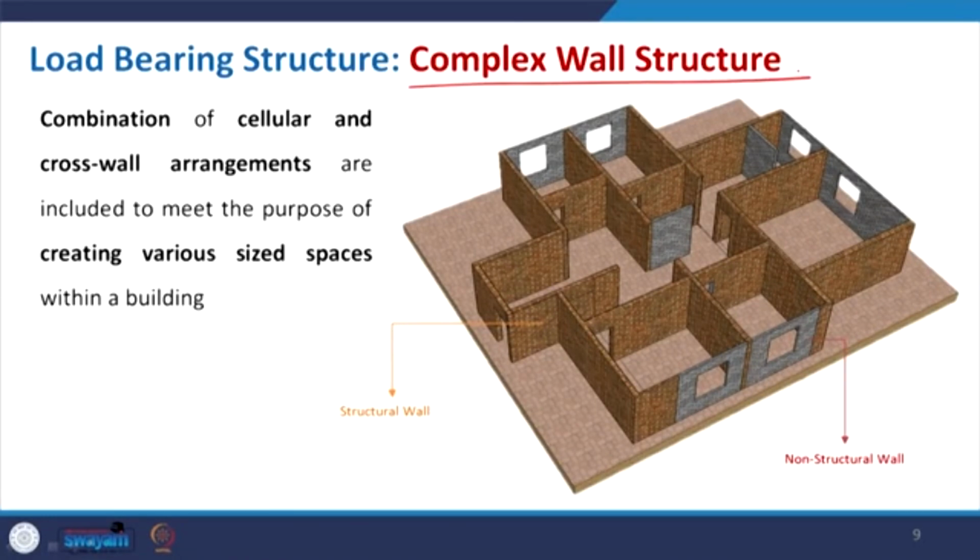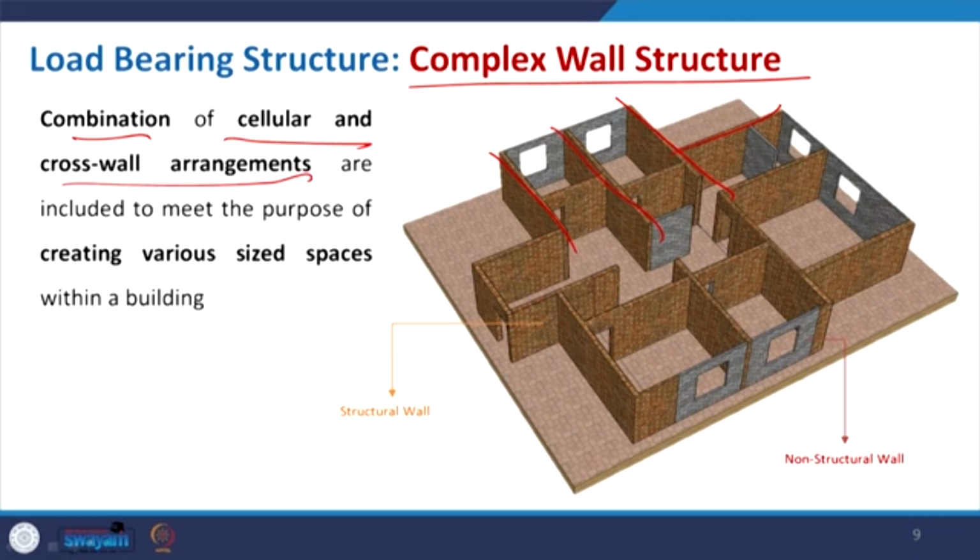If we compare to the other picture, it is just a modification of that, where you can observe that the alignment is basically your cross method and the simple method. So, the combination of cellular and cross wall arrangement is making it very hybrid.